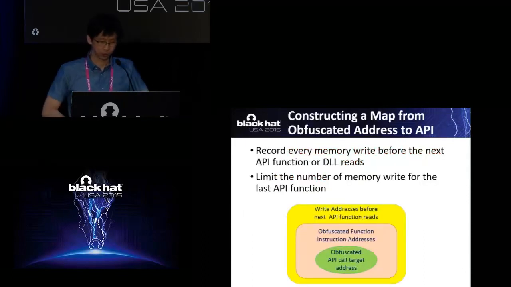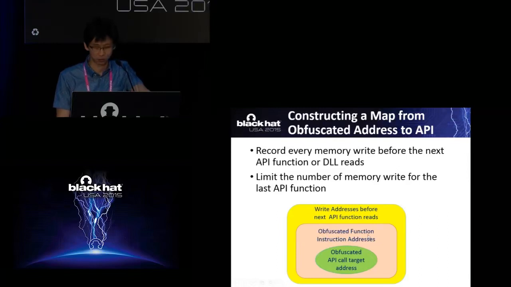So we first need to construct a map from obfuscated address to API function. In this picture, write addresses before the next API function reads, its approximation is bigger than the obfuscated function instruction addresses.